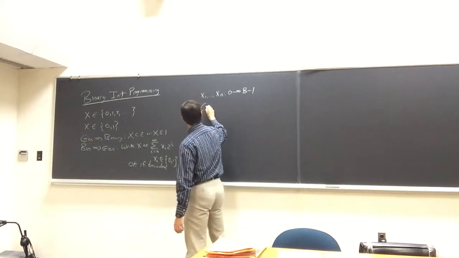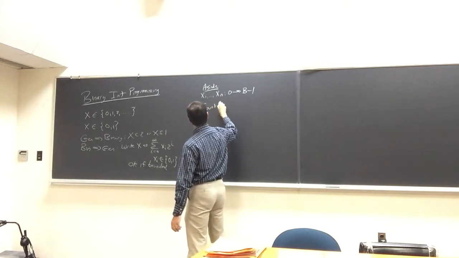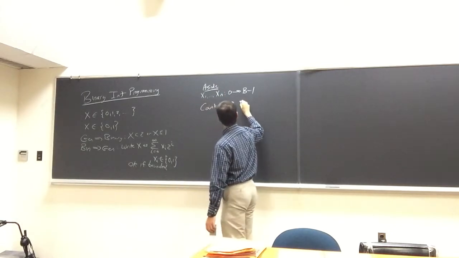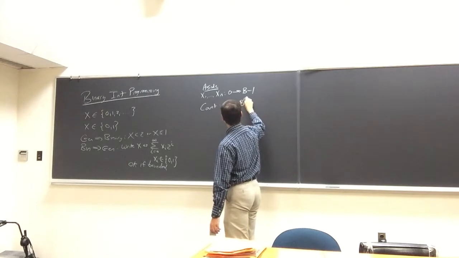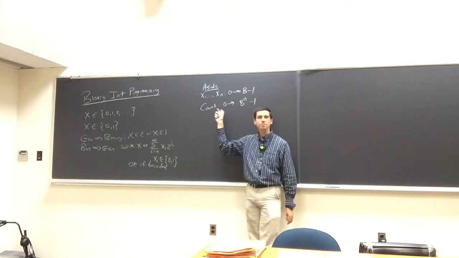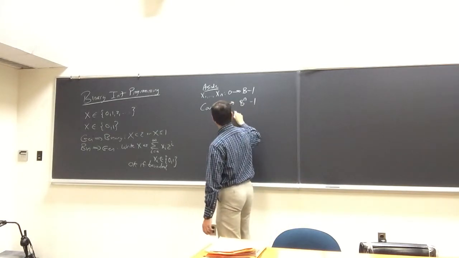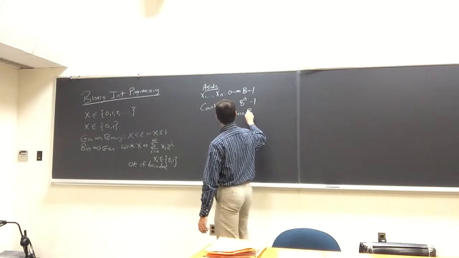What you do is you can count from 0 to, I think, b to the n minus 1, and for each number m you convert to its base b expansion.